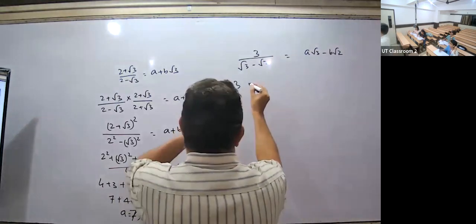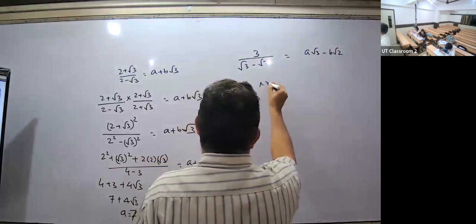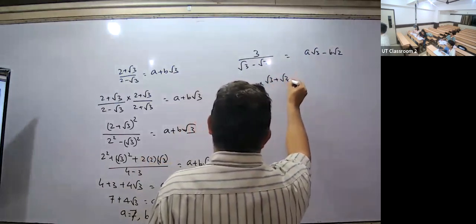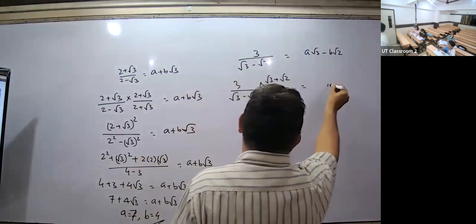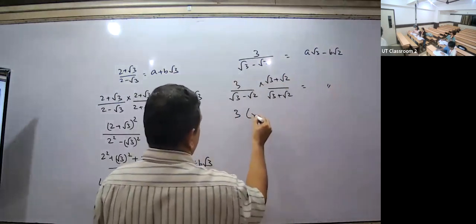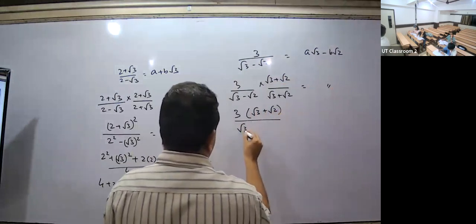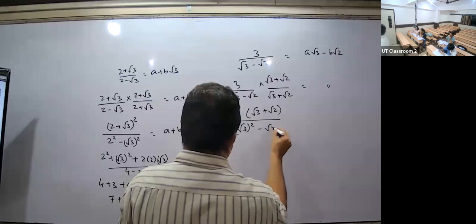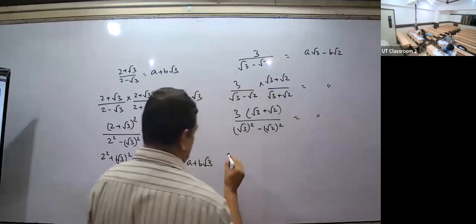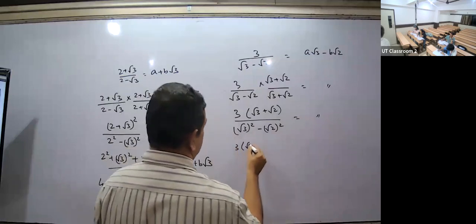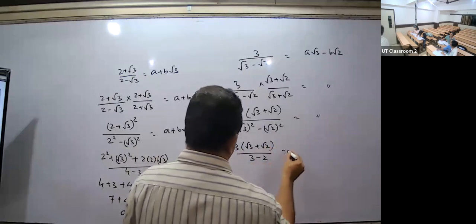So what do you get? 3 upon root 3 minus root 2 times root 3 plus root 2 upon root 3 plus root 2 is equal to the same thing. 3 times root 3 plus root 2 upon 3 minus 2.